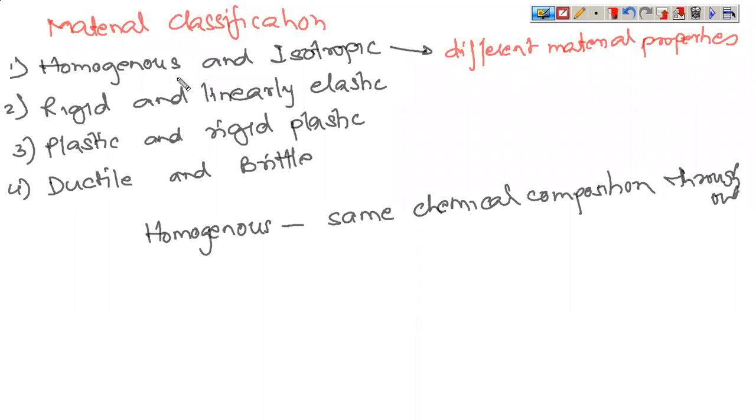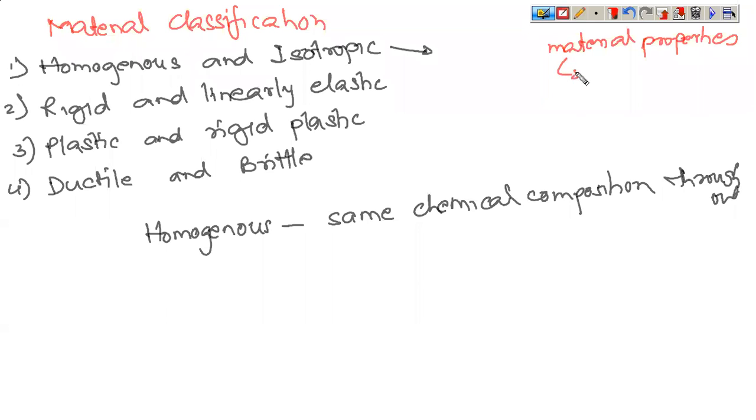If a material is homogeneous and isotropic, isotropic means it is related to material properties. So if you say that a material is homogeneous and isotropic, it means that the material has the same chemical composition and material properties.